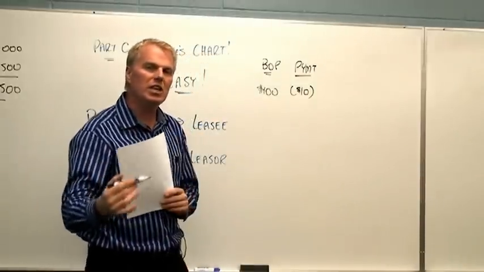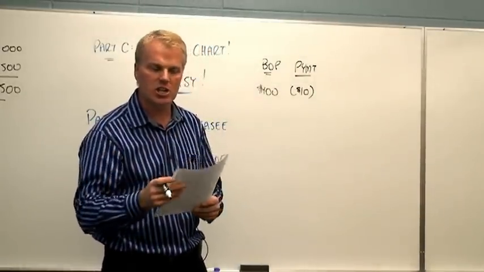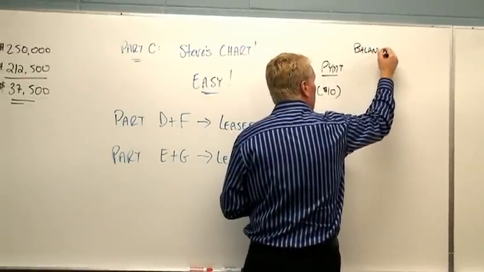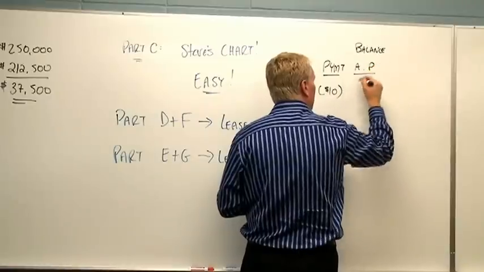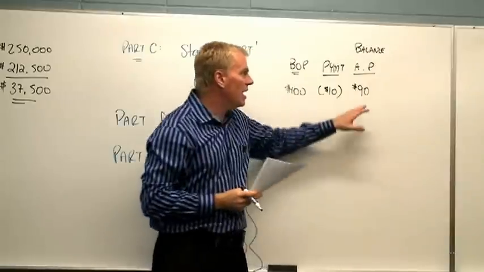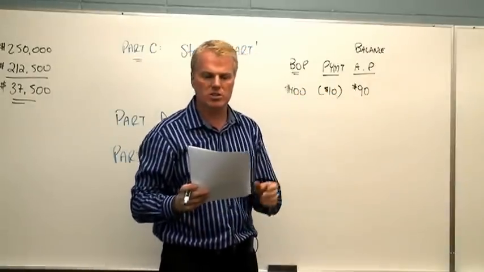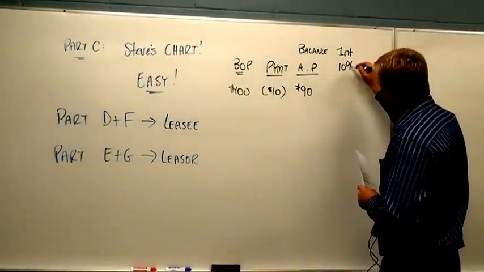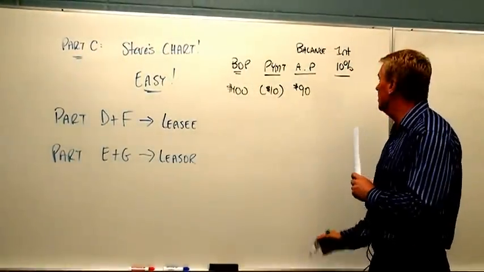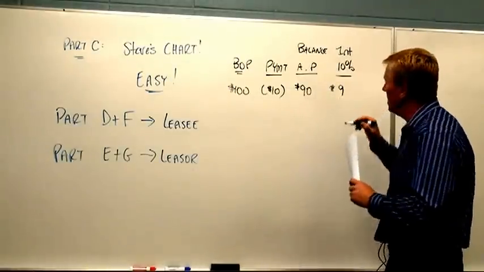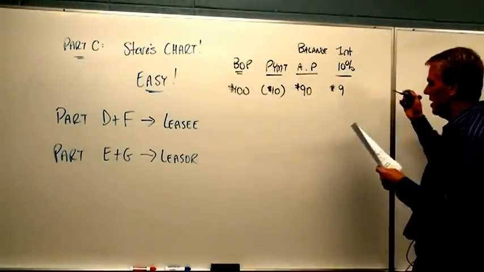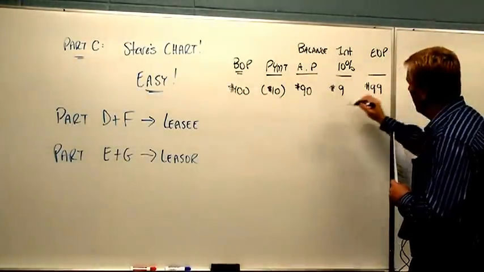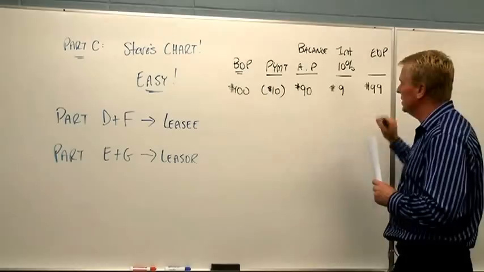What does she really owe me after 1 day that I can charge interest on? Well, she owes me $90. So the balance after payment is $90. That $90 is what I can charge interest on. If I charge interest of 10% because she told me she'll pay me back in a year, then the interest amount will be $9 for that first year. And my end of period amount would be $99, the 90 plus the 9.